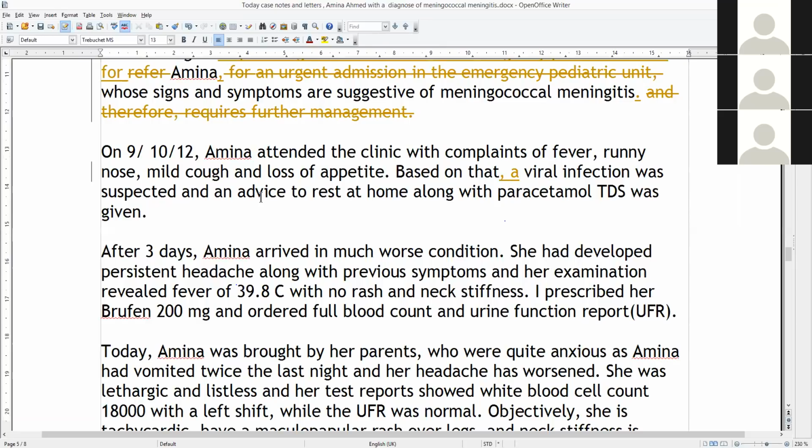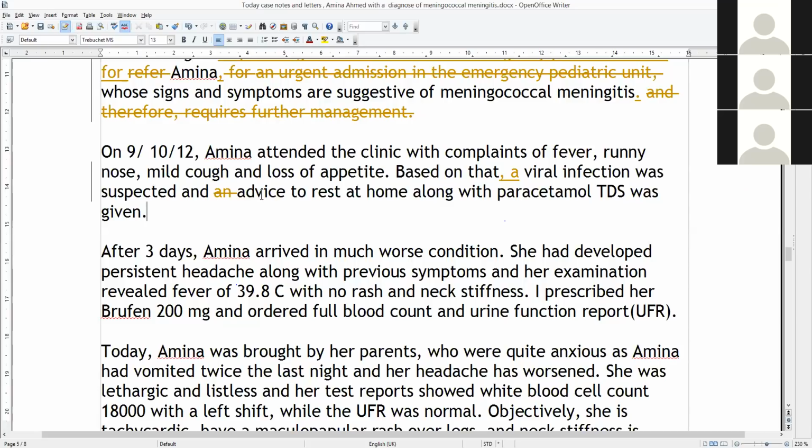Advice, not countable, don't need an article. And advice to rest at home. Now, why is this passive, with was given and she was advised? Instead of having this convoluted way of passive, you can make it a lot easier for us to understand.